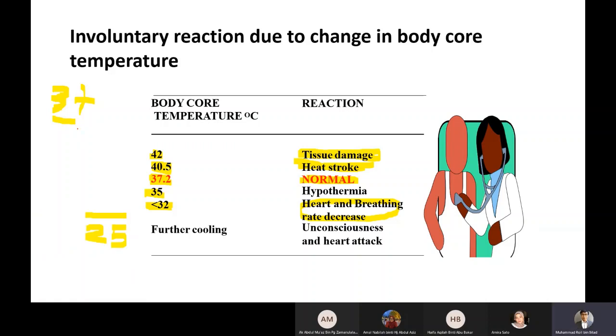The temperature of our body is 37. What we feel is not 25. Although the ambient temperature is 25, if we felt 25, we would probably go into hypothermia immediately. You see, there's a big difference.